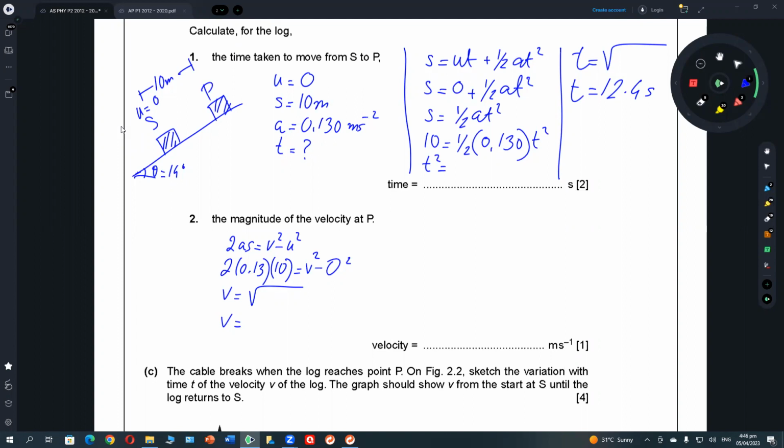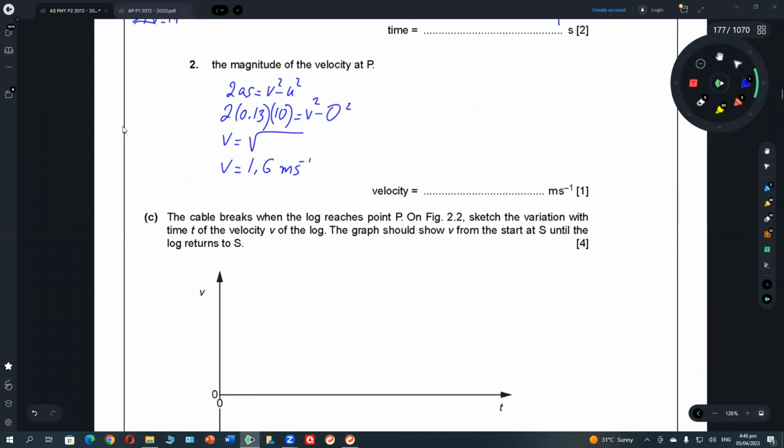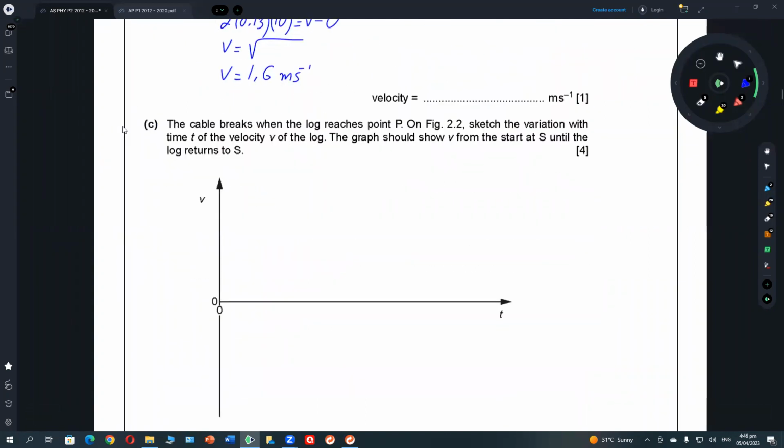It is coming as 1.6. The cable breaks when the log reaches the point P. On figure 2.2, sketch the variation with time of the velocity v of the log.